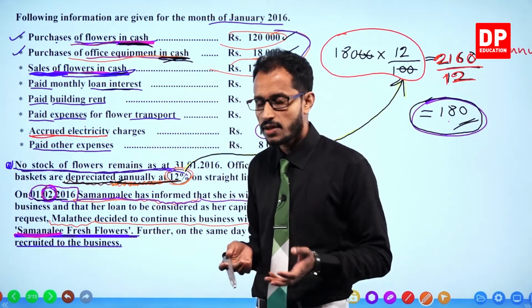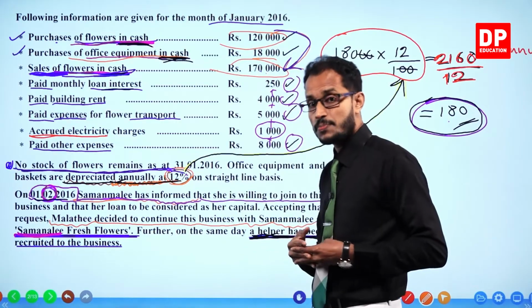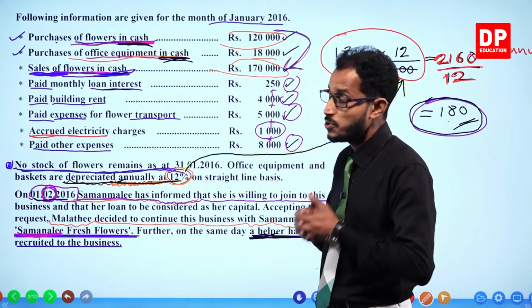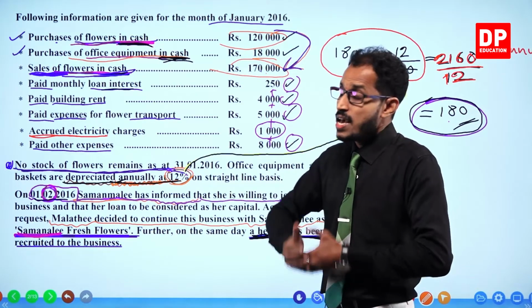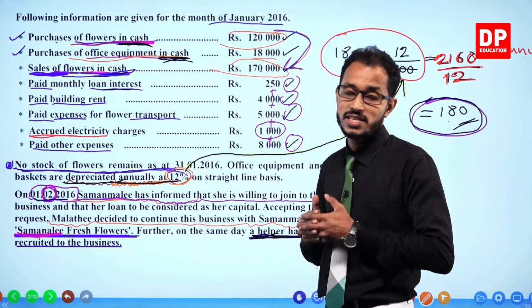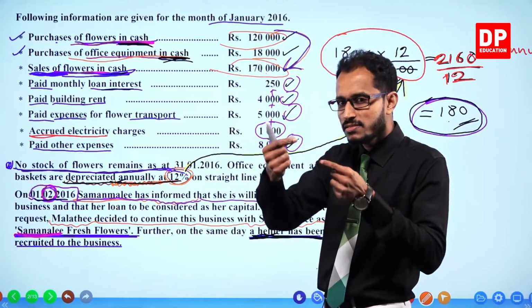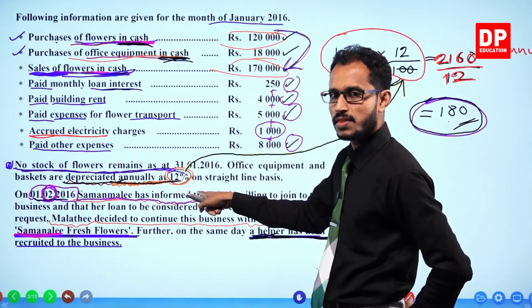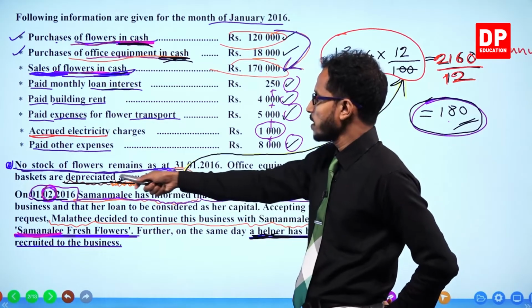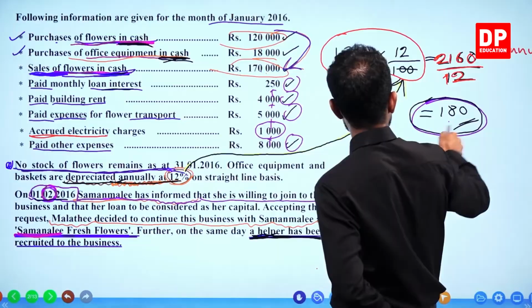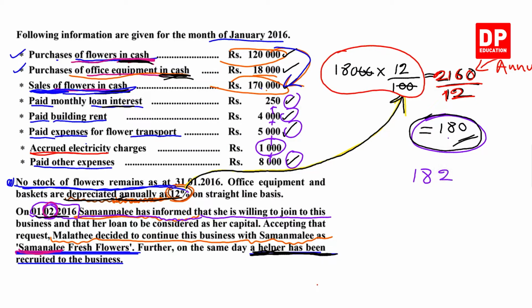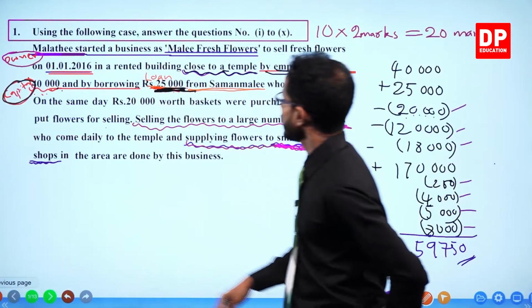According to accrued basis, paid or not, all the expenses must be included. So this is an unpaid, non-monetary, non-cash expense, but must be taken to the profit or loss. Depreciation is 180. 18,250, that is the total of other expenses. All the other expenses we took.